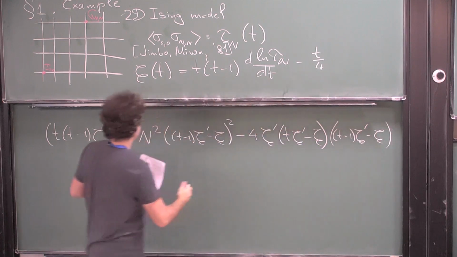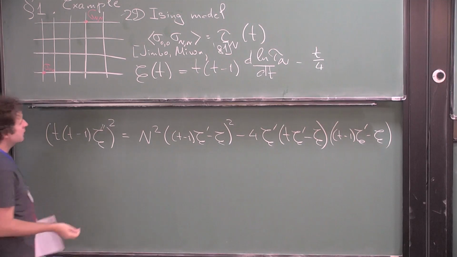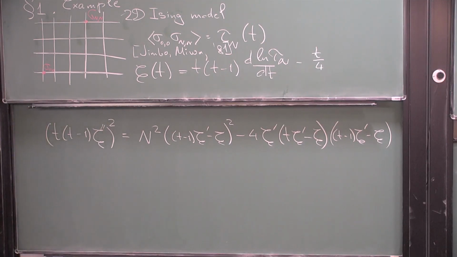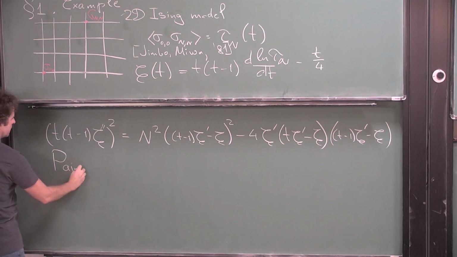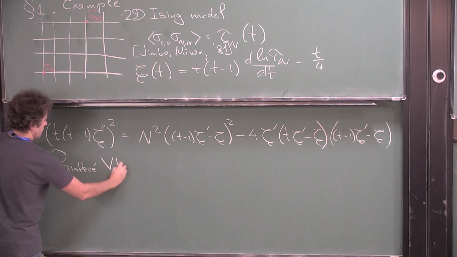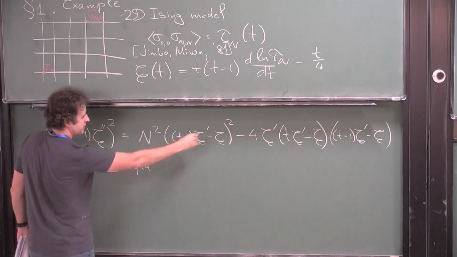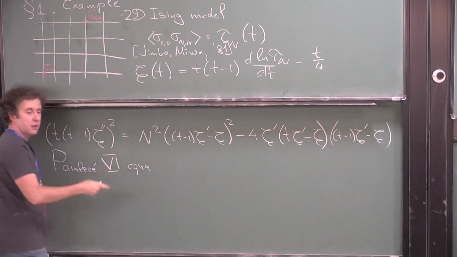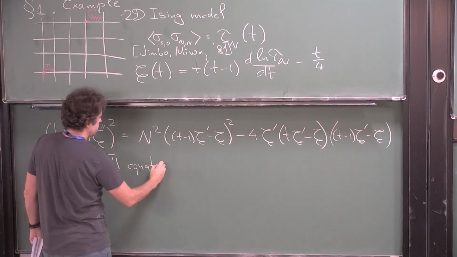So the form of the equation is not very instructive, but it has a name. This is an equation which is equivalent to the so-called Painlevé 6 equation, or more precisely, this is basically an equation for the Hamiltonian of Painlevé 6, which is a non-autonomous Hamiltonian.